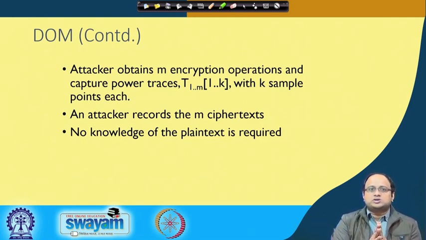The attacker records the M ciphertexts also, because the ciphertext will be used. So you can do the attack in a setting where no knowledge of the plaintext is required. It is working as a ciphertext only attack.